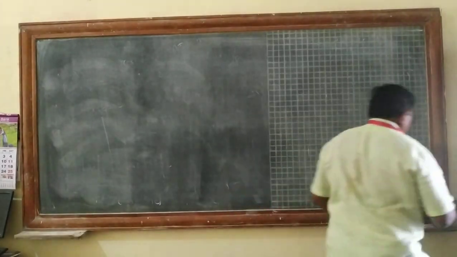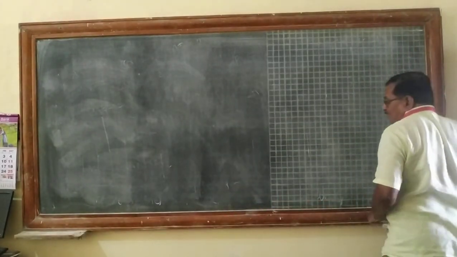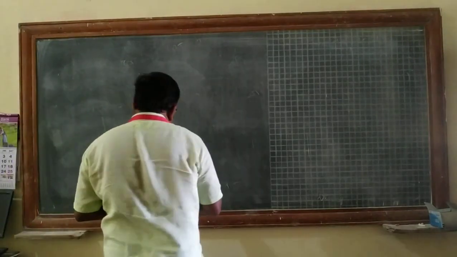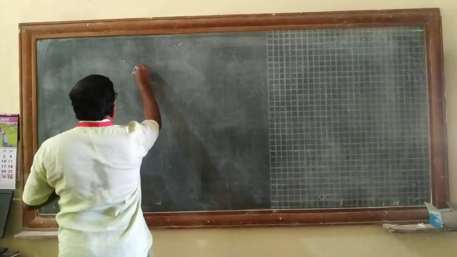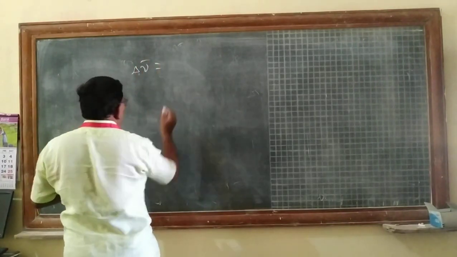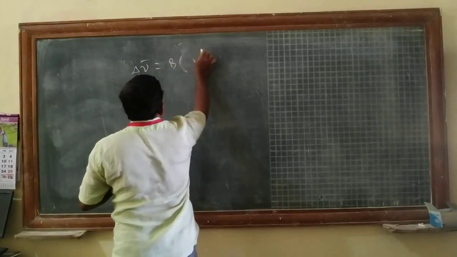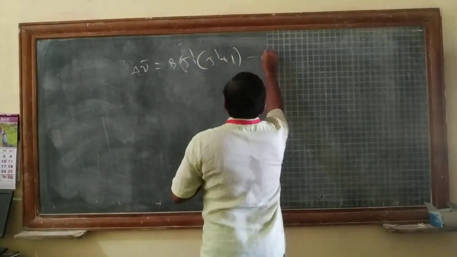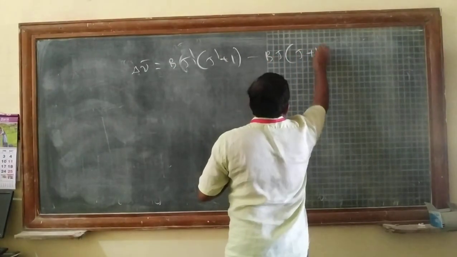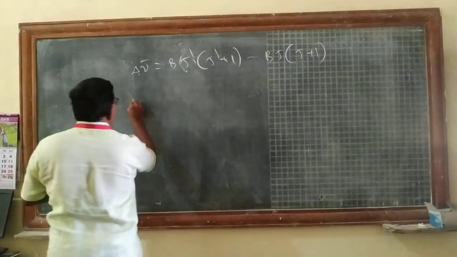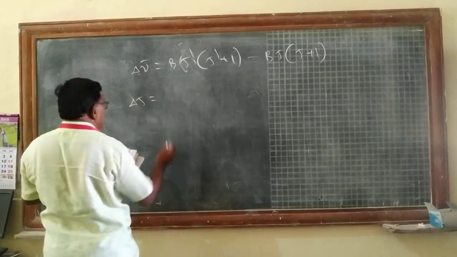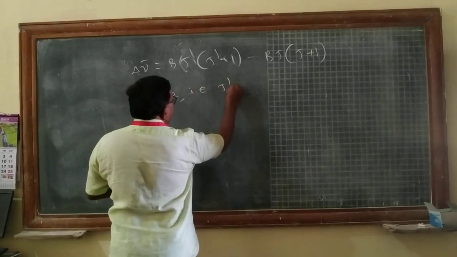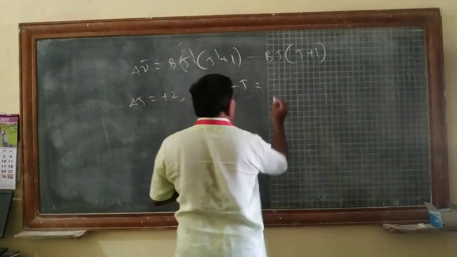That is equation number 1. Now the next one is equation number 2, which continues from that. Delta nu bar is equal to B J dash into J dash plus 1 minus B J into J plus 1. In the next step, the value of delta J is equal to plus 2, that is, J dash minus J is equal to 2.